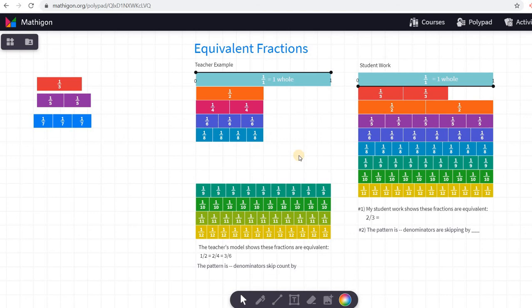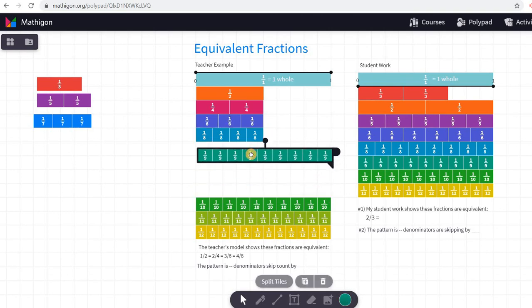There it is, another equivalent fraction. So 4/8 is equivalent to 3/6. And I'm seeing that pattern again, where the pieces are getting smaller, but there's more of them.